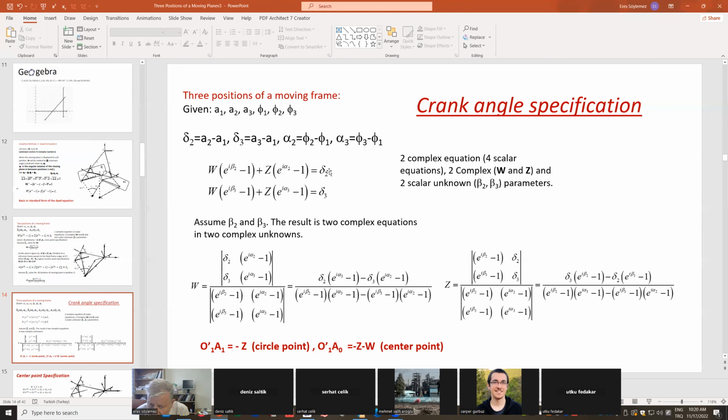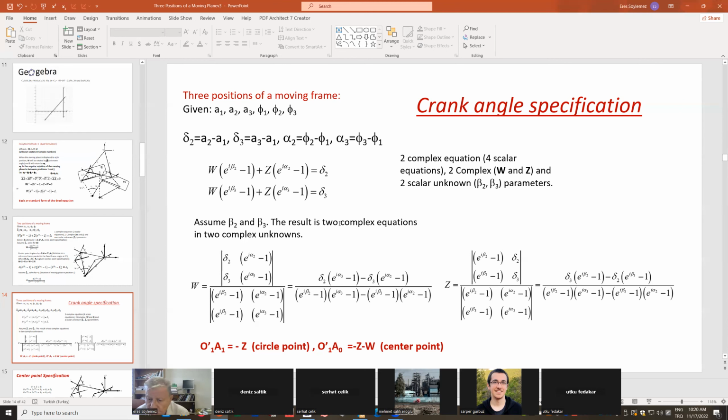Correct? Can everyone see that? For each dyad, this is one dyad, A0, A, and B0, B is the other dyad. I should be able to solve. I have to define 2 parameters.